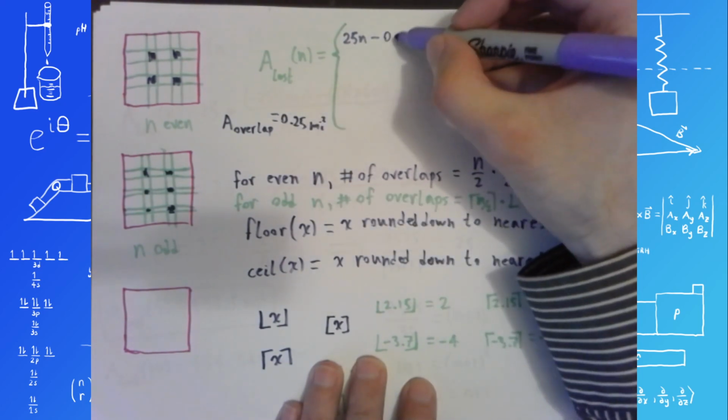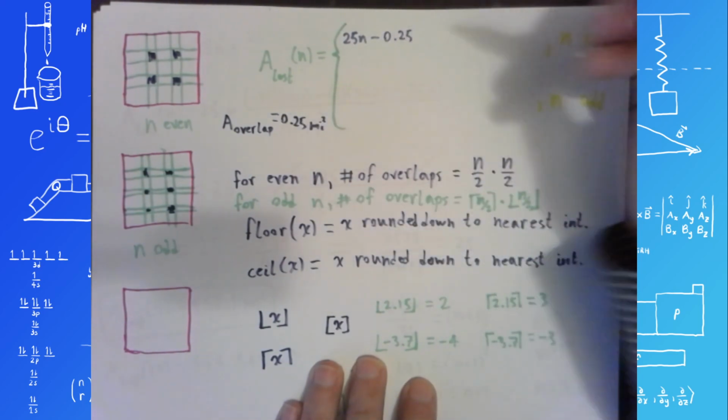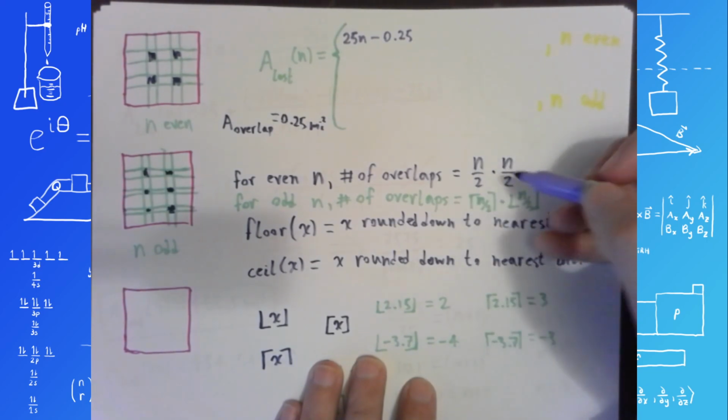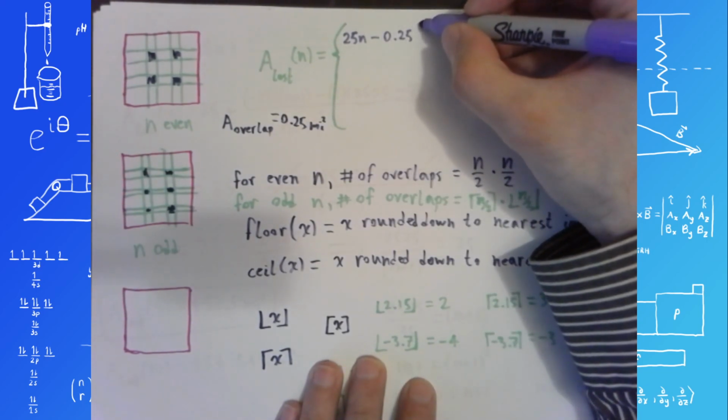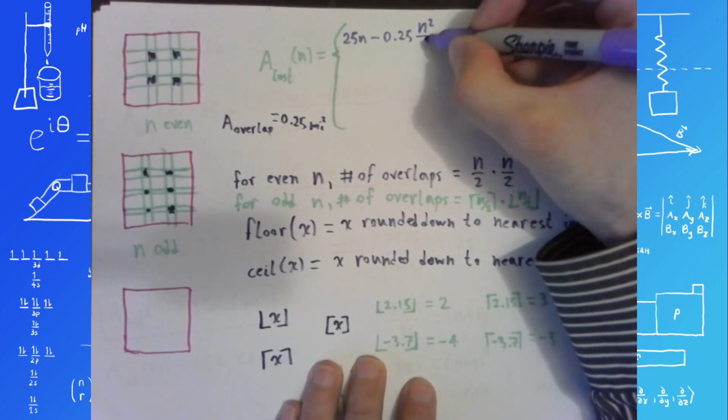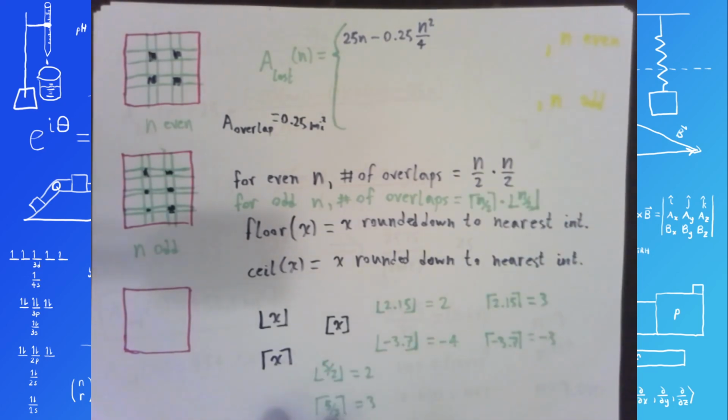So minus 0.25 times n over 2 times n over 2. I can simplify that as n squared over 4. Okay, so that's area lost to fire breaks minus their overlaps.